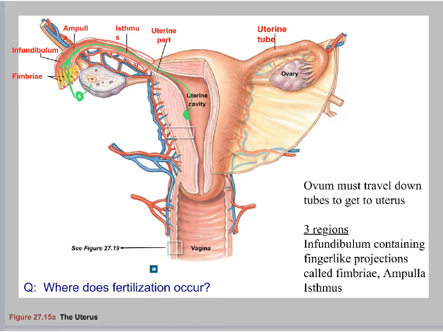So the fimbriae are the structures on the first section, called the infundibulum. So let me erase some of these and then I'll outline the infundibulum for you.